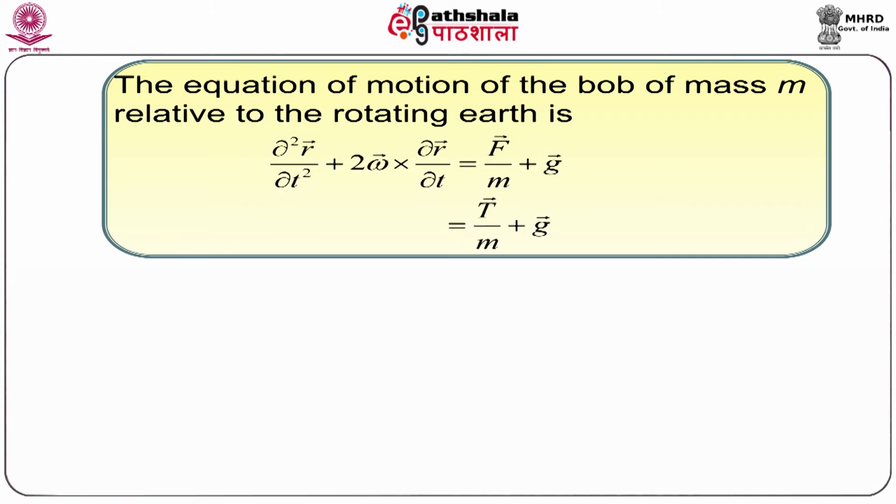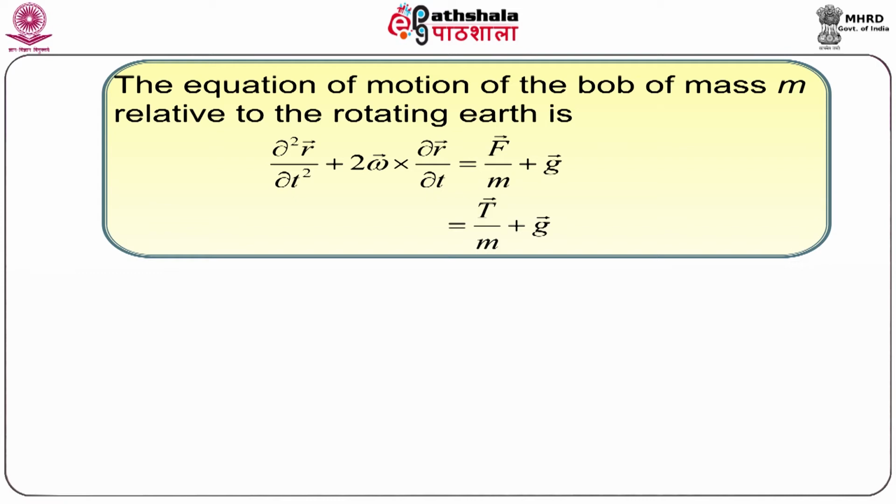The equation of motion of the bob of the pendulum of mass m relative to the rotating earth can be written as del 2 r vector del t2 plus 2 omega vector cross del t of r vector is equal to F vector divided by m plus small g vector. Here F vector is the externally applied force.